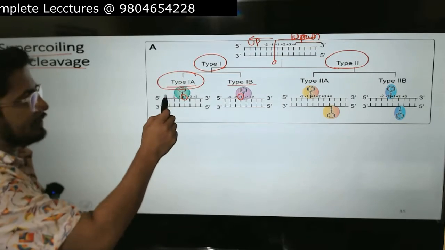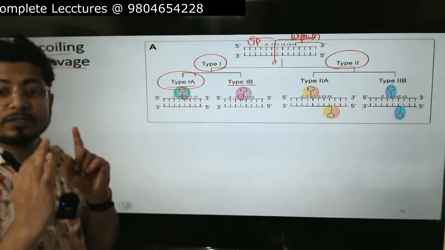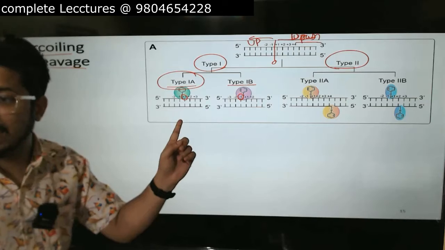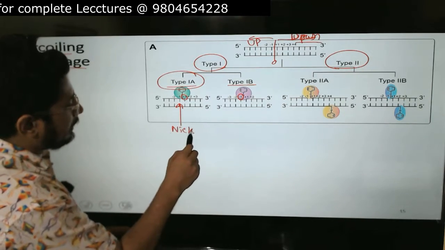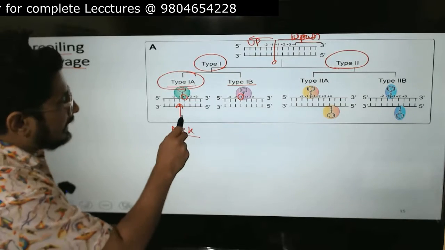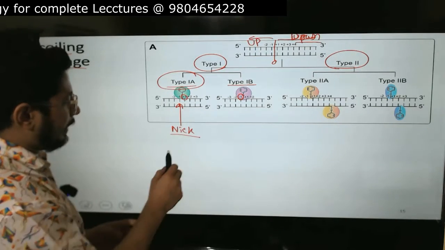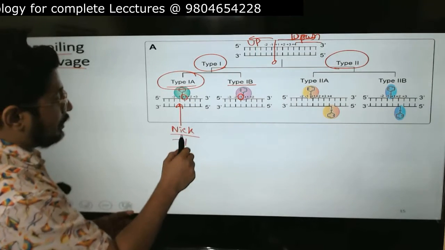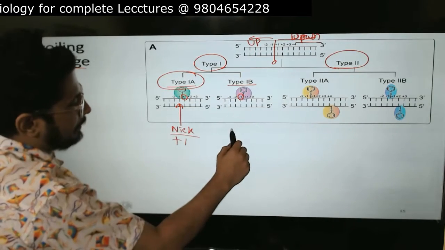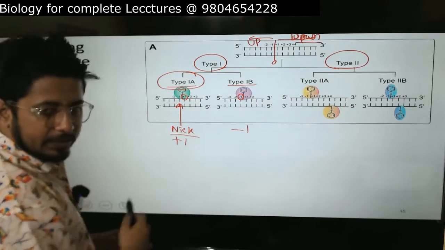Because once it cleaves the DNA, the phosphodiester bond is only broken, there is no gap. So they are forming a nick, they are not forming any gap. The nick is basically created by type 1A with the +1 nucleotide, 0 and +1, sorry, and type 1B creates it with the -1 nucleotide.